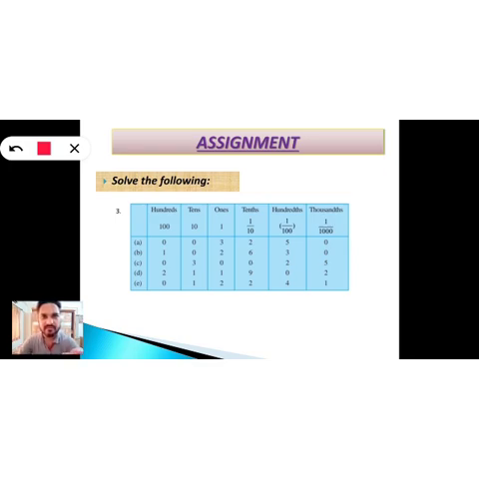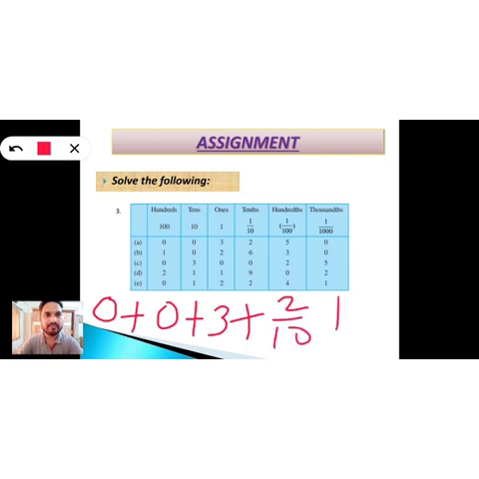First we write 0, then plus 0, then plus 3, then plus 2 by 10, then plus 5 by 100, and then 0 upon 1000. Now we just add. 0 plus 0 is 0.